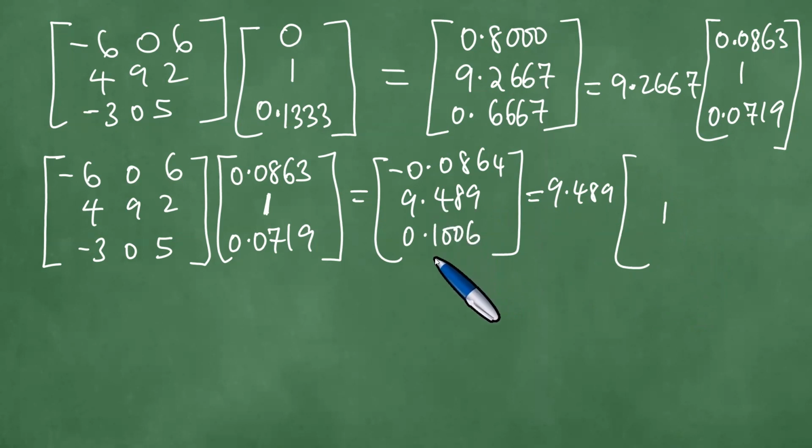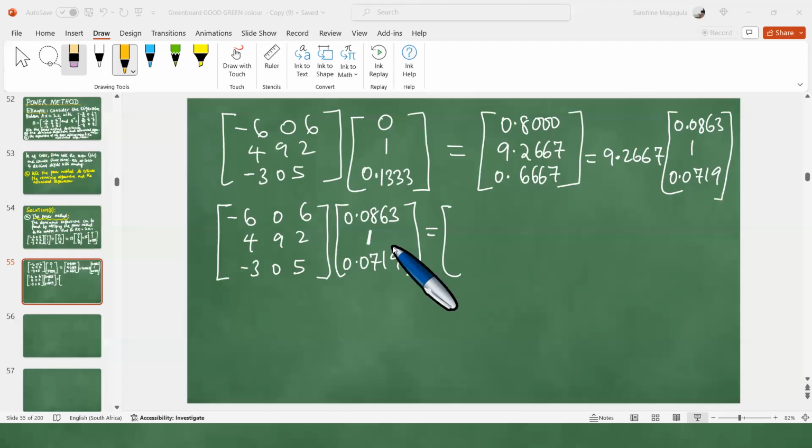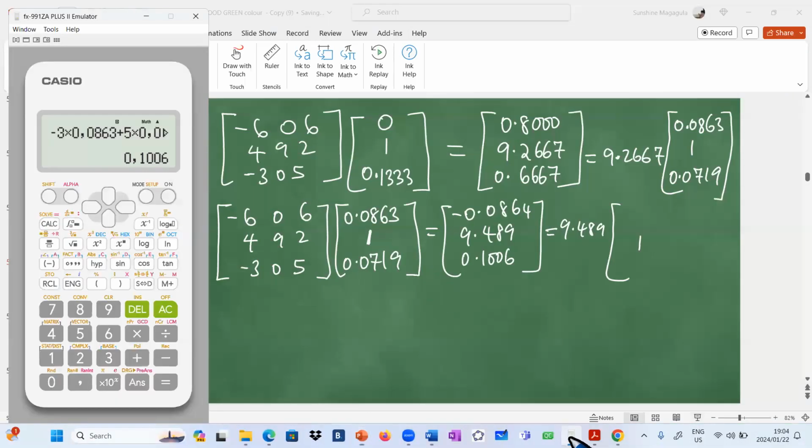Let's use some division. Right, so if you do the division, what you're then going to achieve is you take the 0.1006, you divide by 9.489, like this, which is what you're going to get then, to 4 decimals, 0.0106.